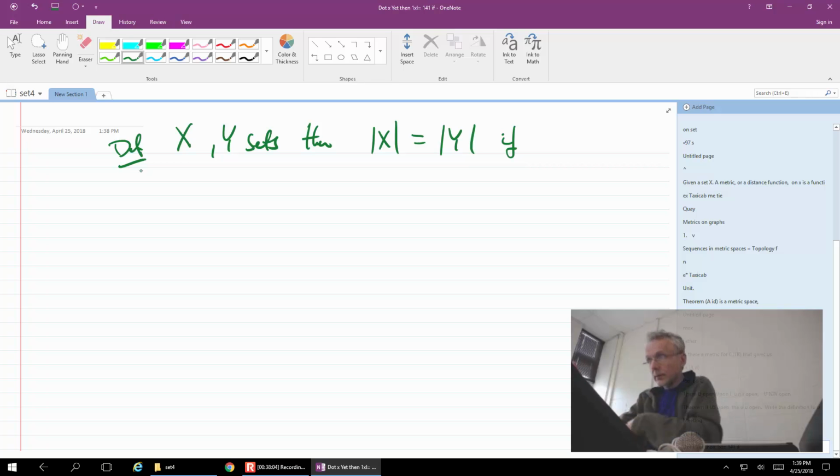Okay, here's a hint. A hint is one word. As always in set theory, first sets, the second one, functions. So the way to handle it is with functions.